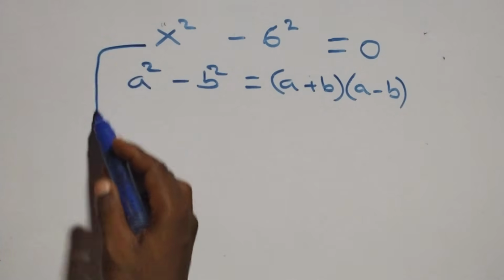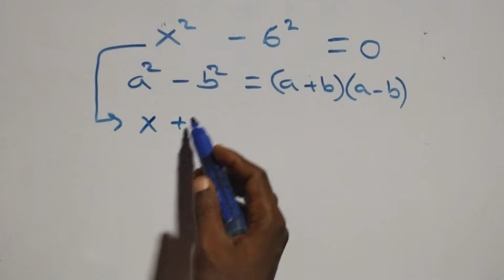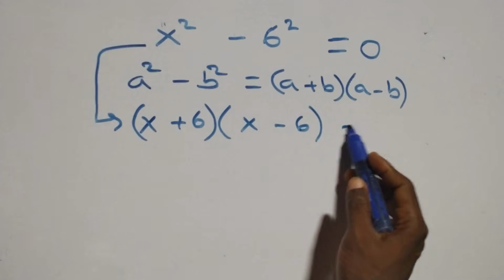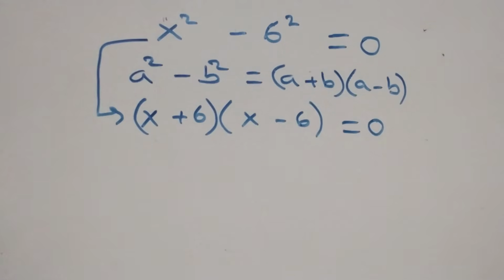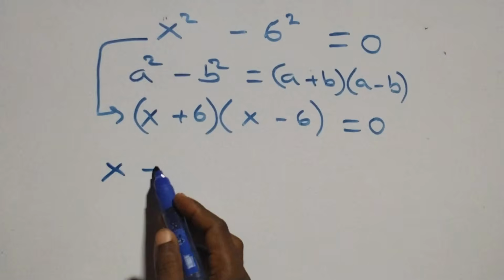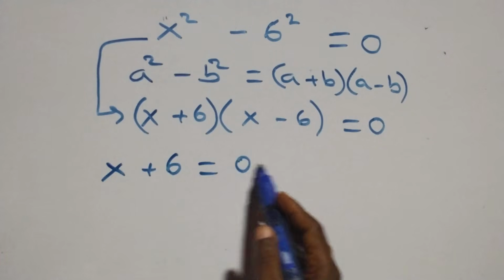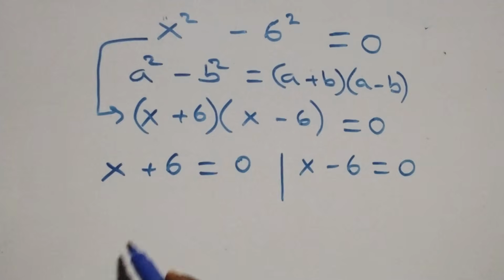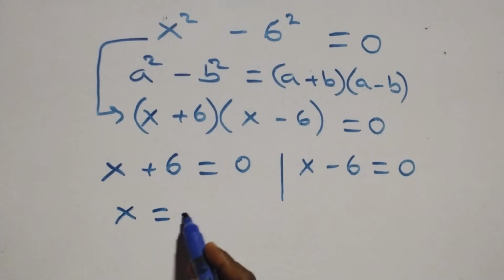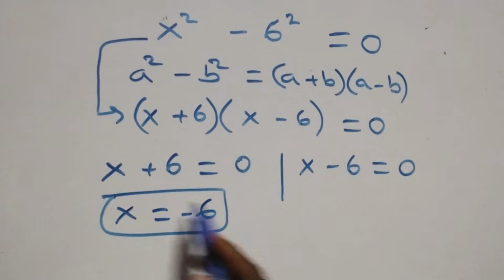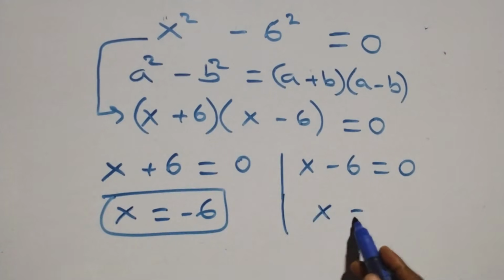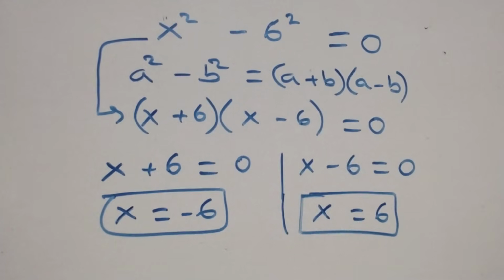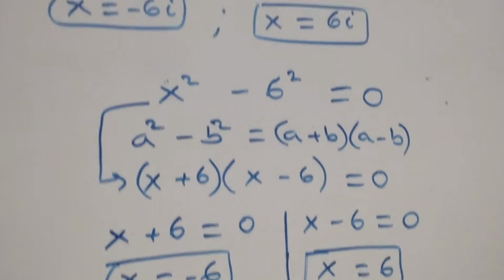This becomes x plus 6, open bracket, x minus 6, close bracket, equals 0. Also we have two possible cases, x plus 6 equals 0, or x minus 6 equals 0. Solving here, we have x equals minus 6, which is a real solution, and x equals 6, which is also a real solution, making two real solutions and two complex solutions.